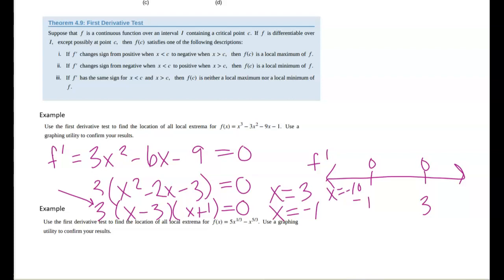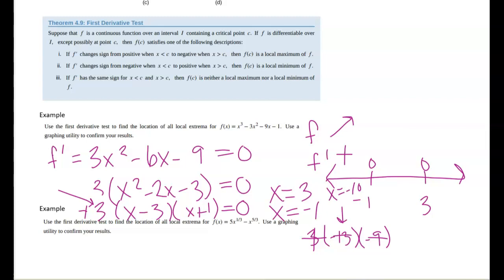If I plug in, 3 is always positive. If I plug in negative 10, I get negative 13, and I get negative 9. So a positive times a negative times a negative. Just to show you that mathematically on this one example, I get 3 times negative 13 times negative 9. A positive times a negative gives me a negative, and times a negative gives me a positive. Therefore, f must be increasing on that interval.